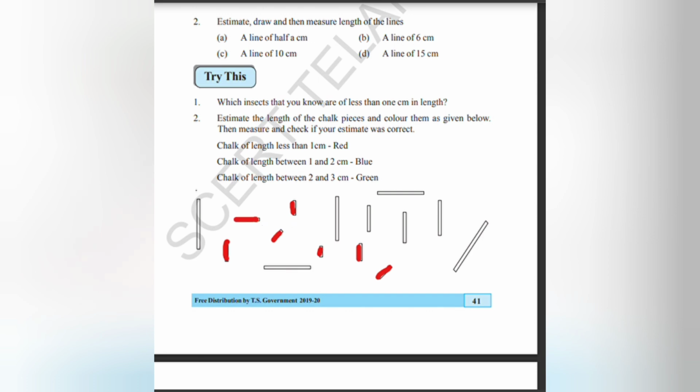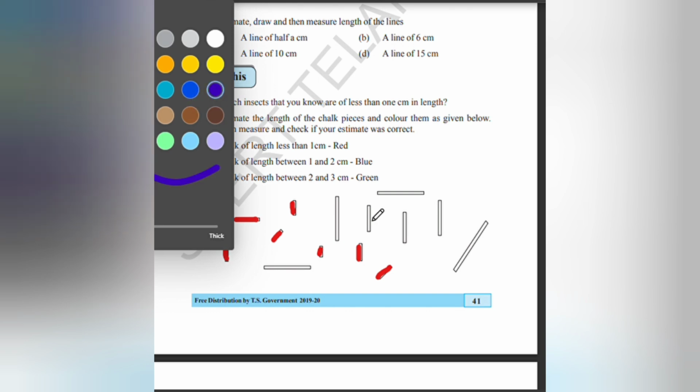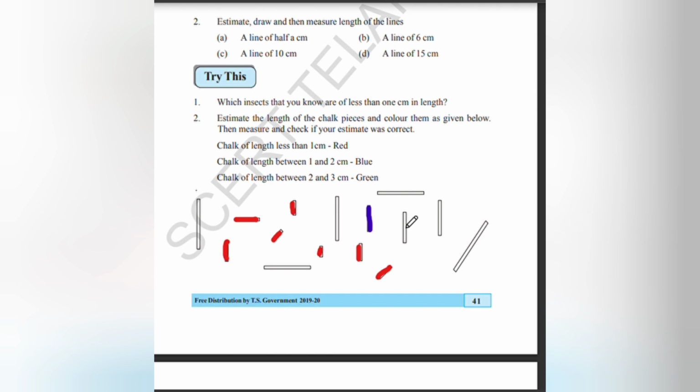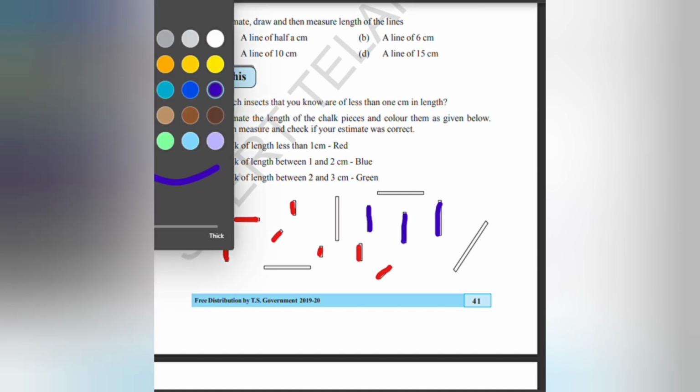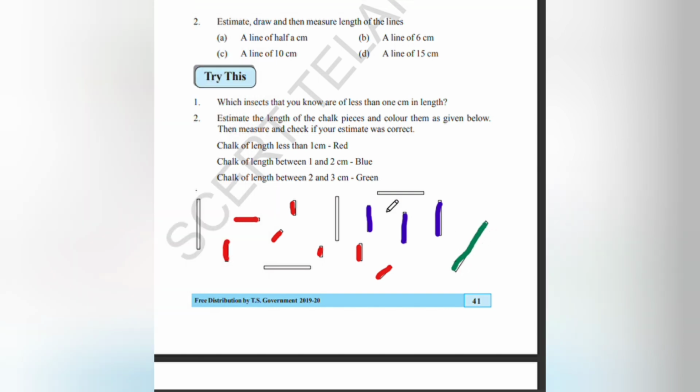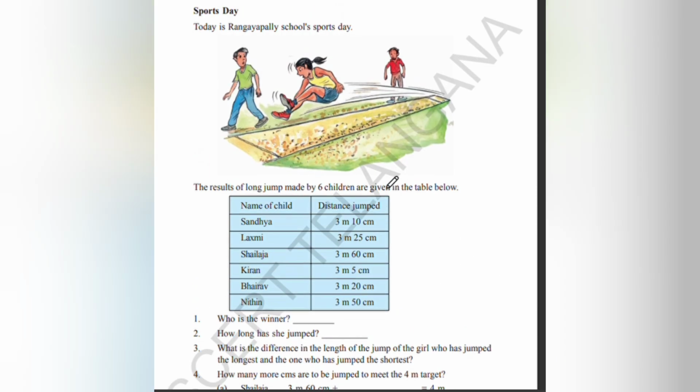Less than 1. 1 and 2, it is blue. 2 and 3, it is green. Okay.